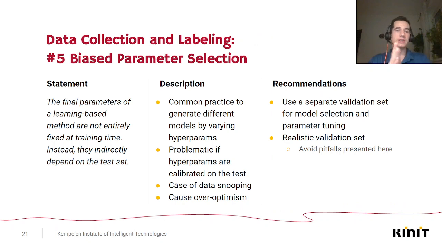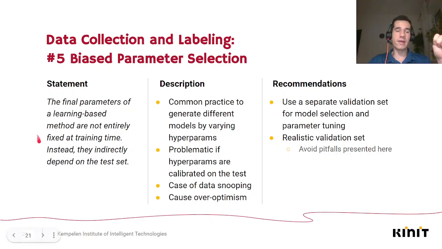The fifth problem is biased parameter selection. And again, it happens during the model learning. What it says is the final parameters of a learning-based method are not entirely fixed at training time.